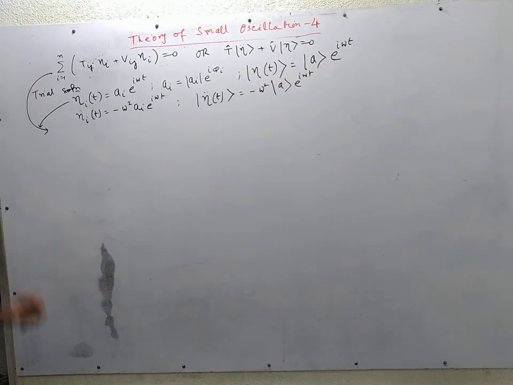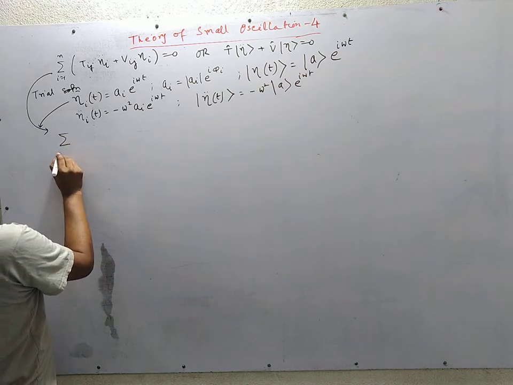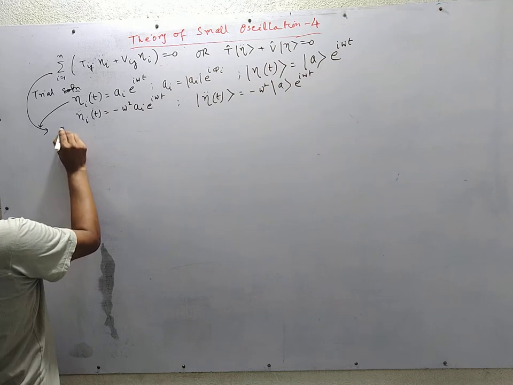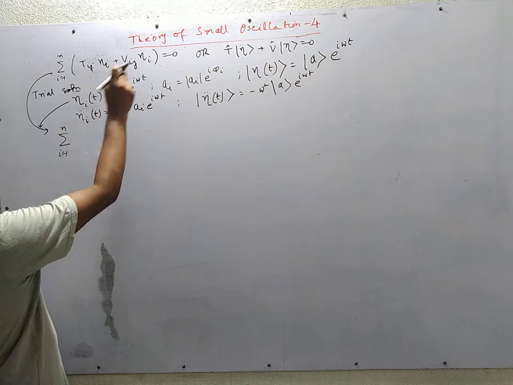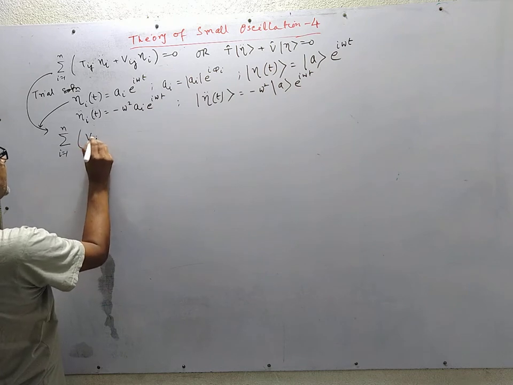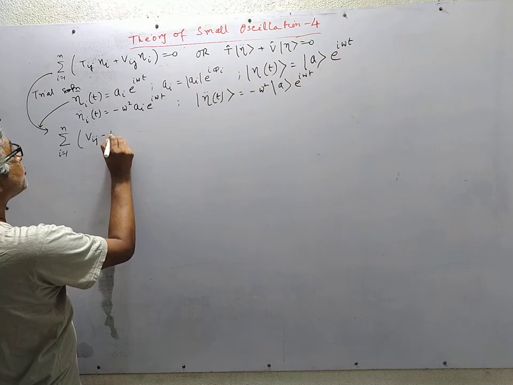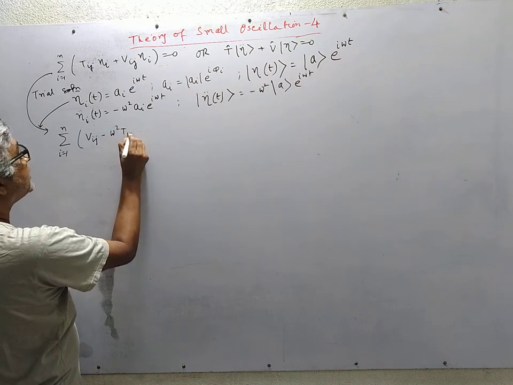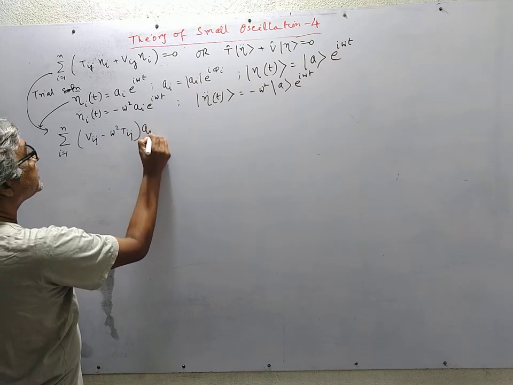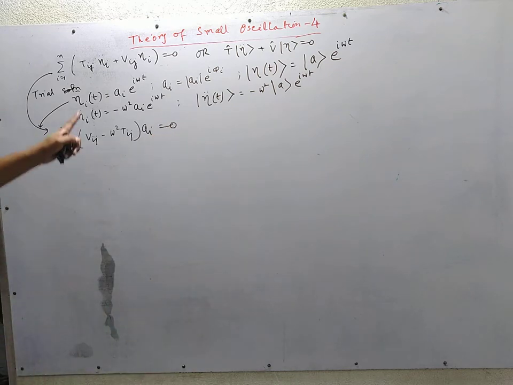So if we put this into the equation, we get, summing i from 1 to n, writing this term first, Vij ai, and minus omega square Tij ai is equal to 0. We have omitted the term e to the power i omega t, which is common to every term.